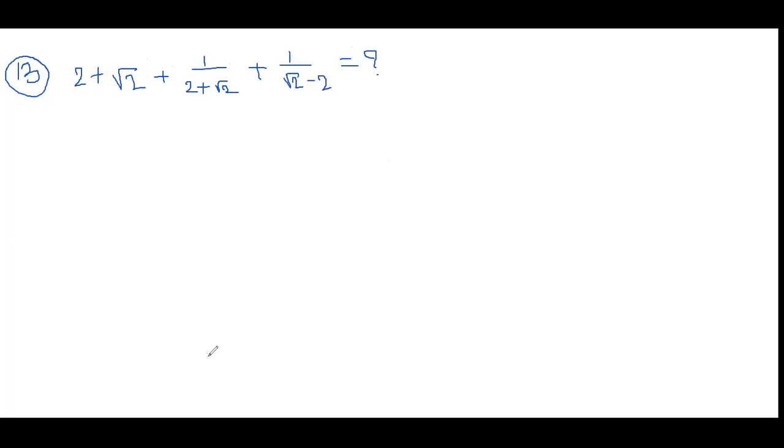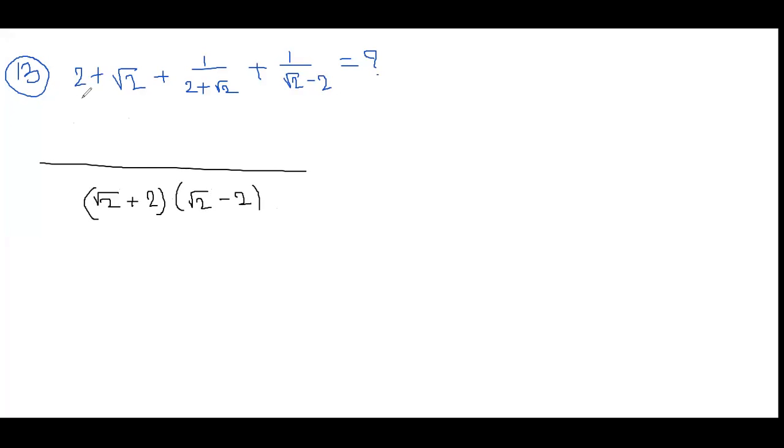Yes, good. Now, what is the LCM? Can anybody guess? No. Your LCM is root 2 plus 1 plus 2 into root 2 minus 2.